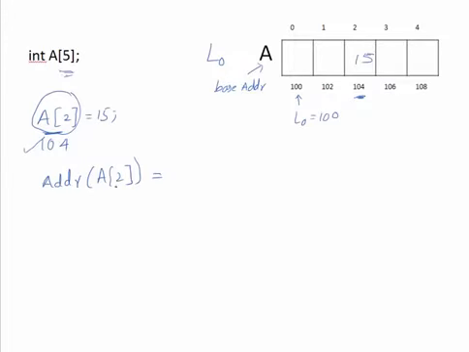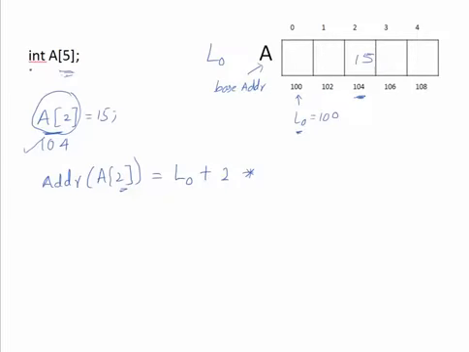This address cannot be absolute. It will generate a formula for getting a relative address. For relative address, the base address L0 is taken, plus the index we have written, 2, then into the size of the data type.